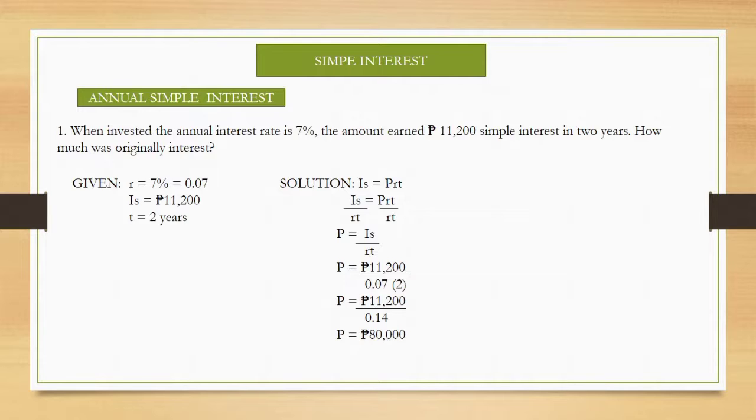So to get the principal, we should divide the simple interest over the RT. 11,200 pesos divided by 0.14 is equals to 80,000 pesos. So that is the answer for number 1. The principal is 80,000 pesos to get the 11,200 in 2 years.